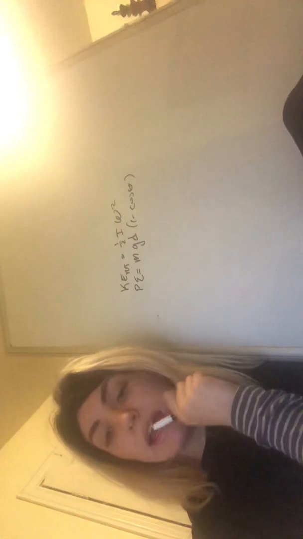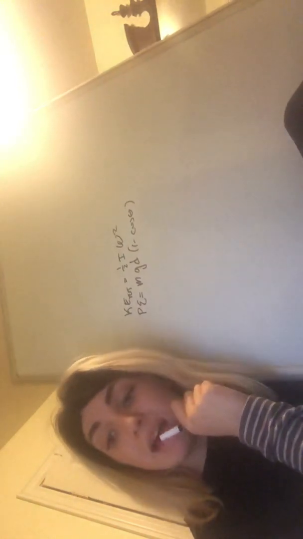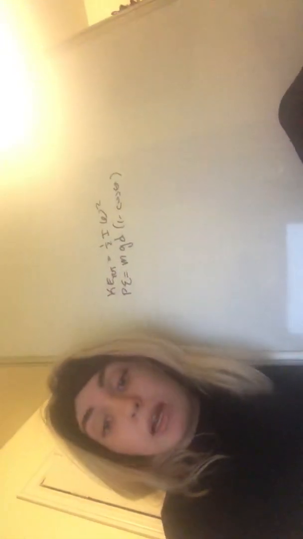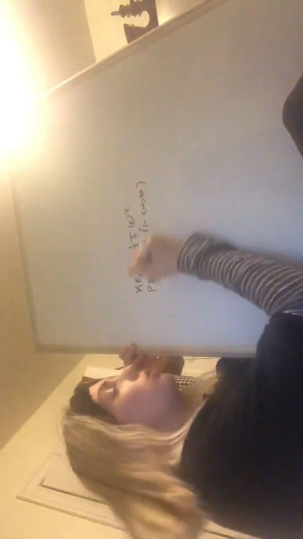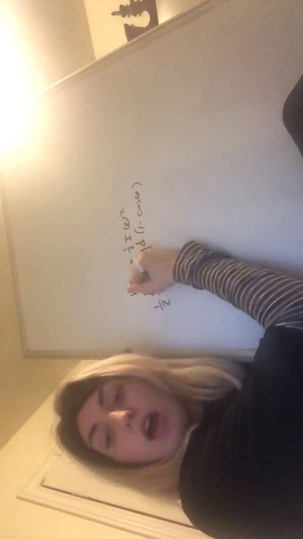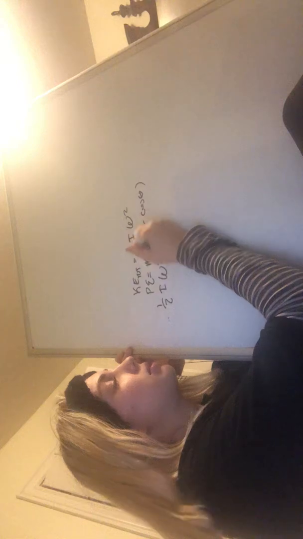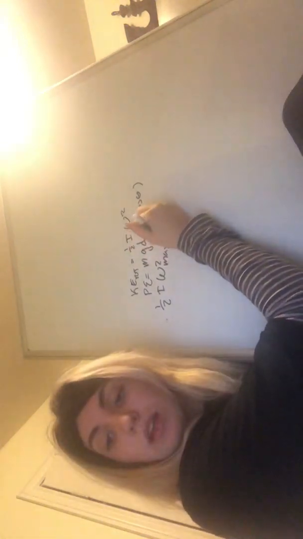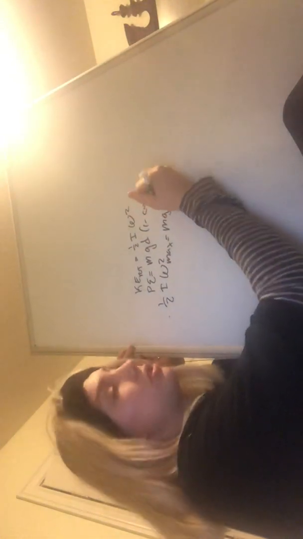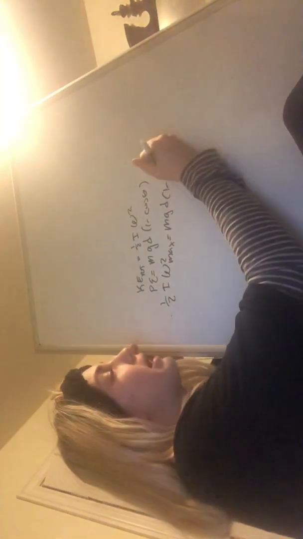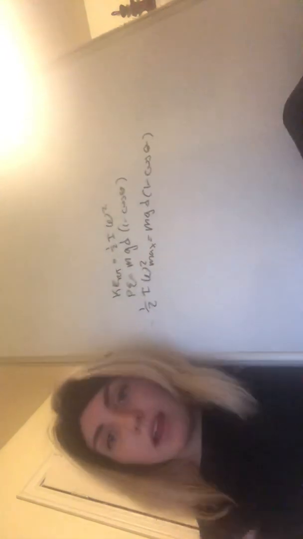For the wrench, the angular speed will be maximum as it passes through equilibrium. So I use 1/2 I omega squared max equals mgd (1 minus cosine theta).